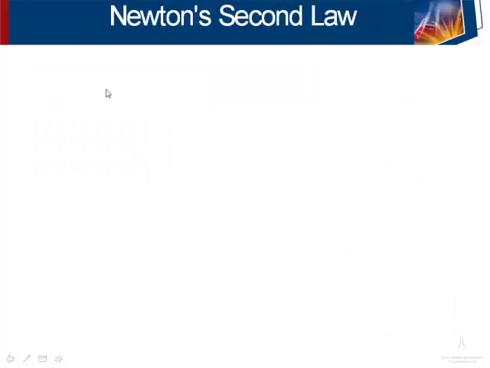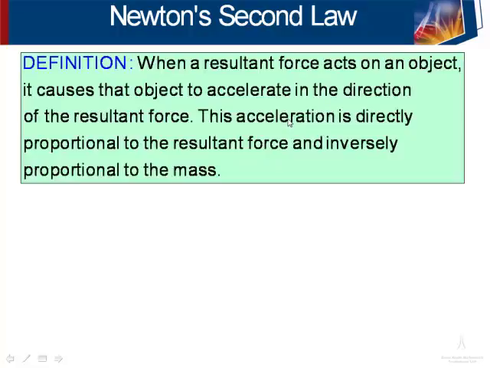We have examined acceleration being directly proportional to resultant force and inversely proportional to mass. This is defined in Newton's second law. He said that when a resultant force acts on an object, it causes that object to accelerate in the direction of the resultant force.